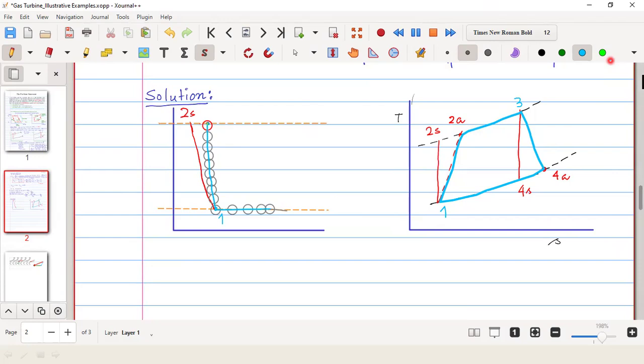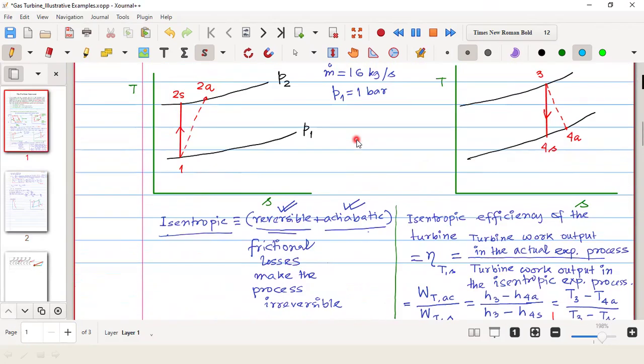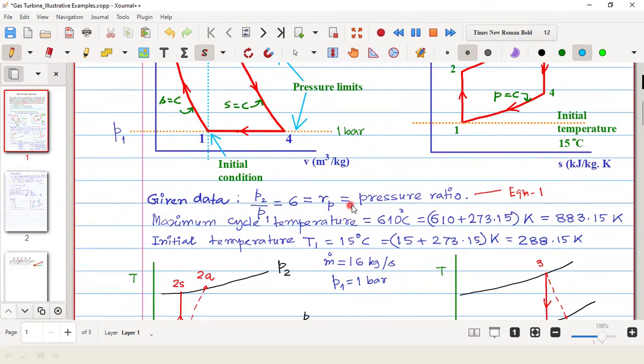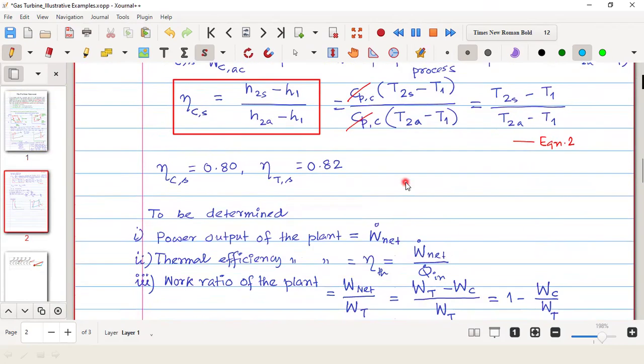So where is 4a? 4a is basically somewhere after 4s. As you see here, 4a is outside 1 and 4. It is beyond this point, so it will be somewhere outside.